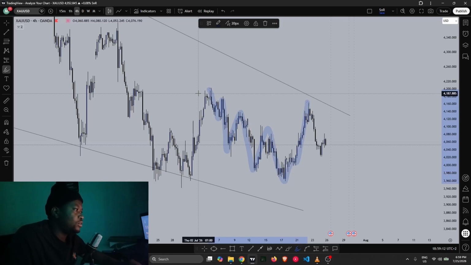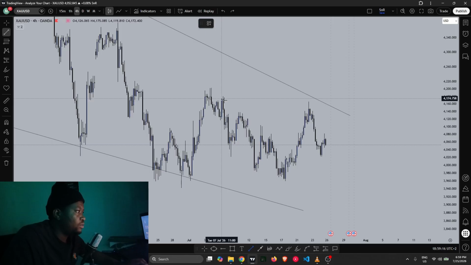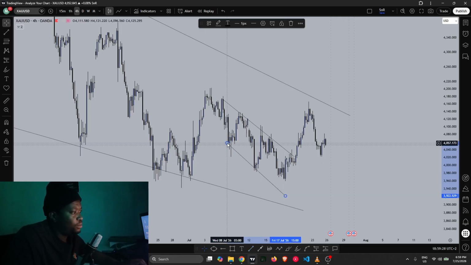Then the market broke out of that pattern here. Let me draw the trend line for this pattern. I'm just going to use this point right here, and then this one, but we have this swing point, we have to update it to this swing point right here.